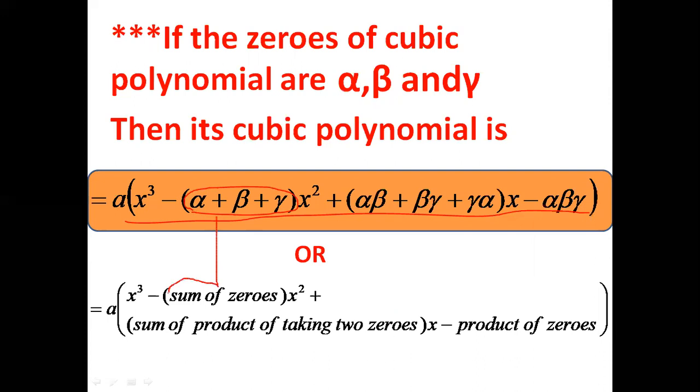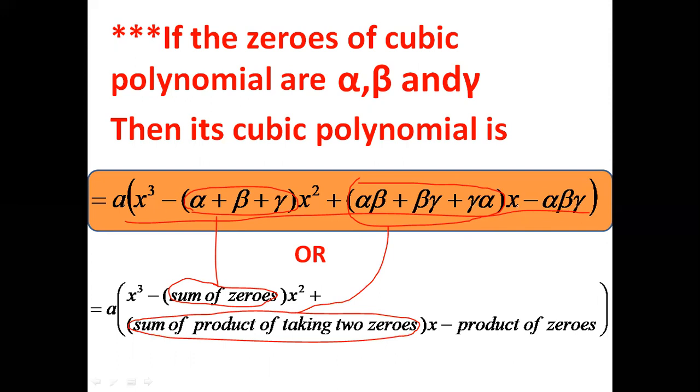So in place of alpha plus beta plus gamma, I'm writing sum of zeros, into x square plus, writing as it is, here in place of alpha beta plus beta gamma plus gamma alpha, I'm writing sum of product of taking two zeros, and into x, writing as it is, and the remaining term minus, here in place of alpha beta gamma, I'm writing product of zeros, right?